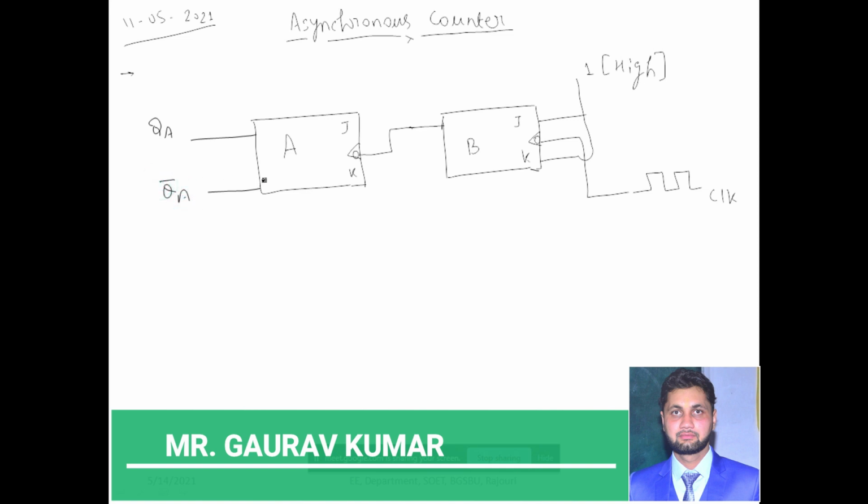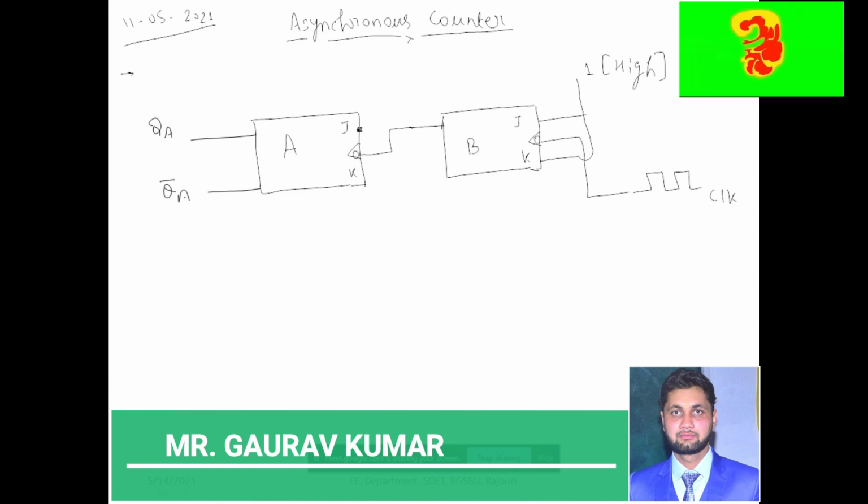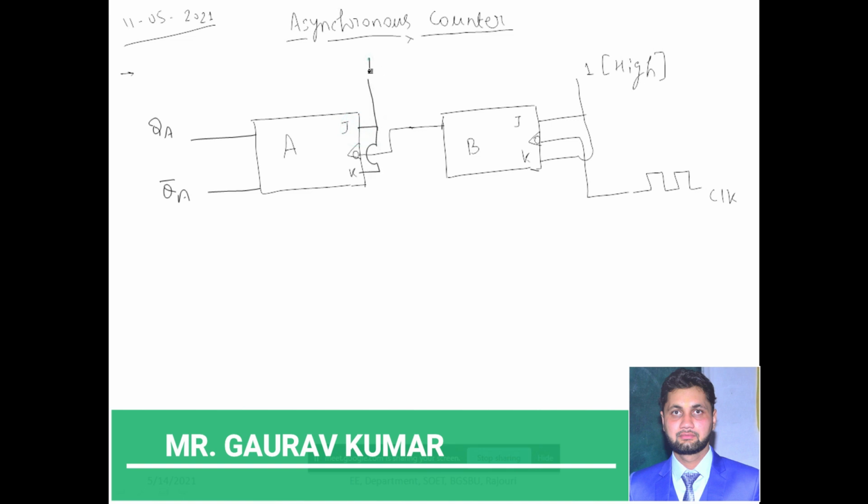Similarly, J and K are also connected to 1, this is also high. Let me check. Yes, this is also high. This is also connected to 1. Okay, negative triggering. This is negative triggering. You can trigger. See its operation.